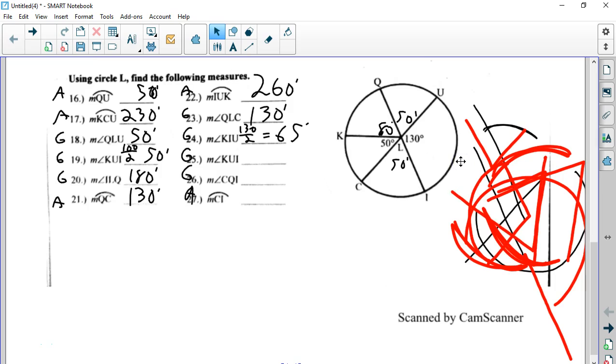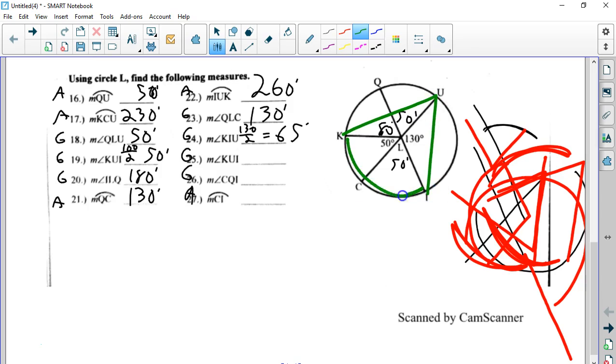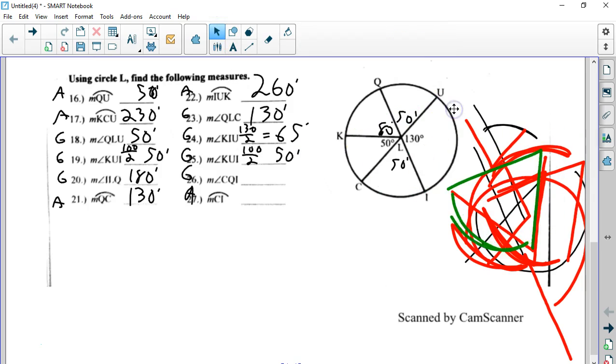KUI. KUI is an angle. So we're going from K to U to I. 50 plus 50 is 100. Divided by 2, so 50. Angle CQI.